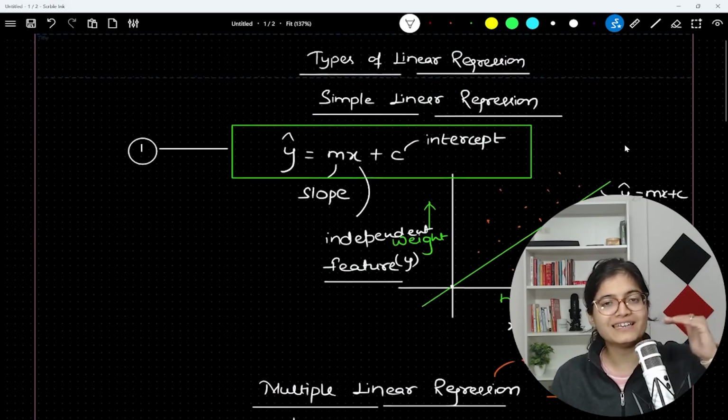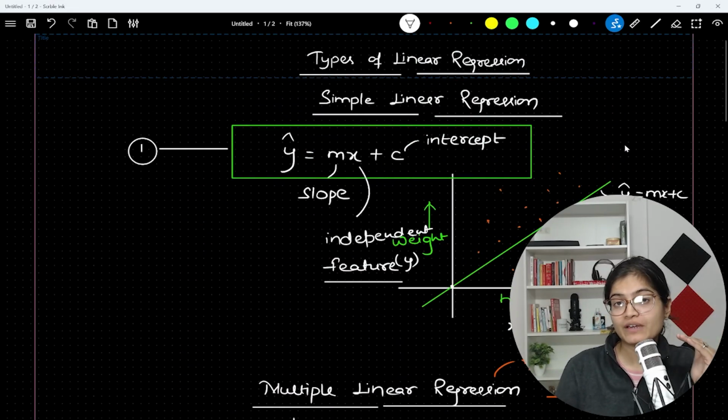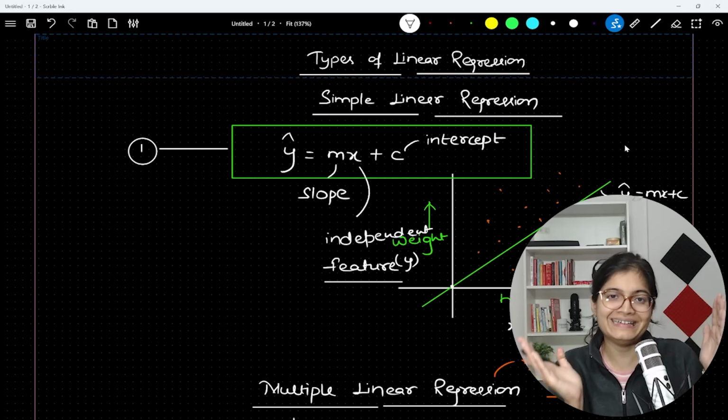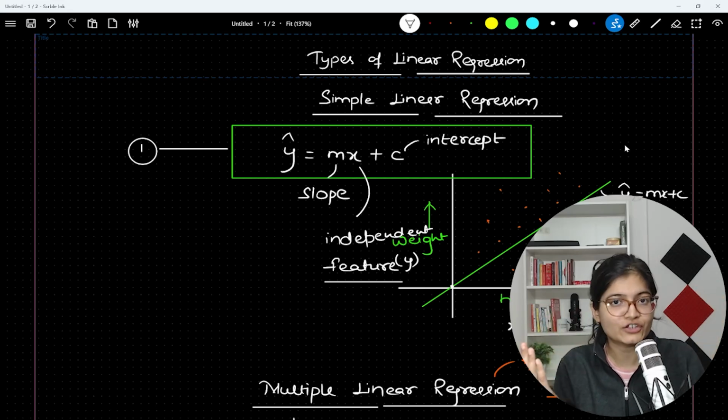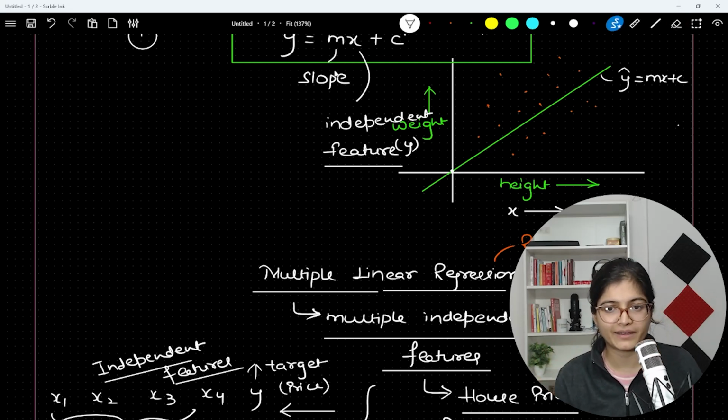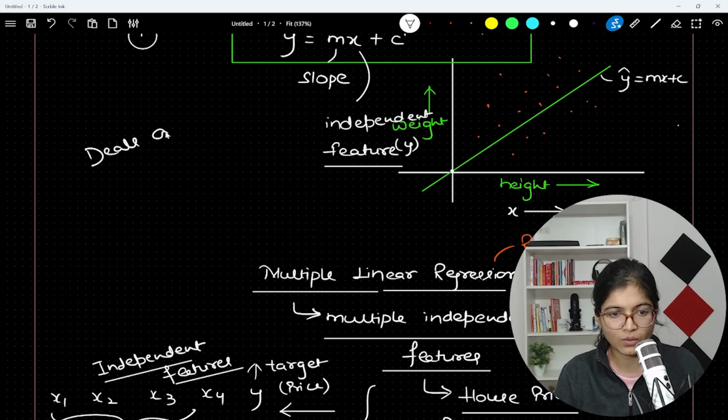Both of these are valid only if we have linear data, where the relationship between the dependent and independent feature is linear in nature, right? So that is the preliminary condition: linear regression, whether simple or multiple, deals only with linear data. Can I say that, everyone?